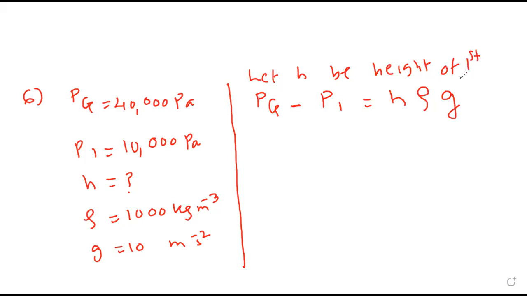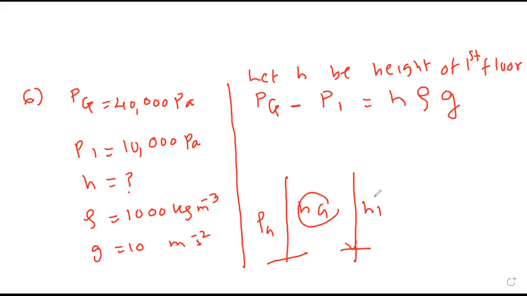Height is measured from ground, not from the top. And pressure is measured from the top. So from top to the bottom is pressure due to ground. Height is suppose hg. And from top to this is suppose h1. Now if we take the difference of hg and h1, we get this height in between. Clear?